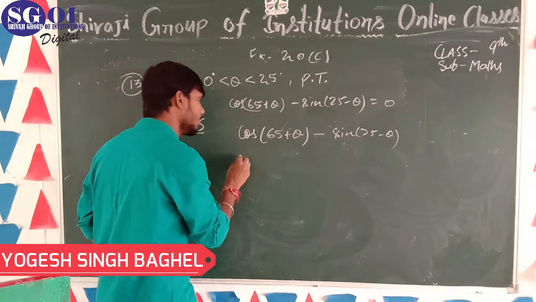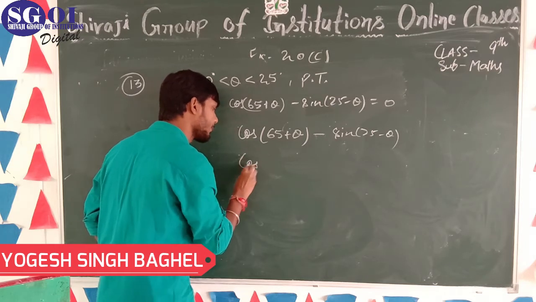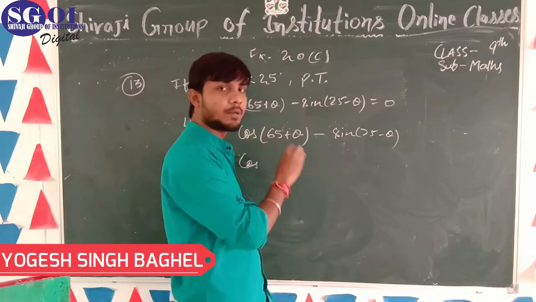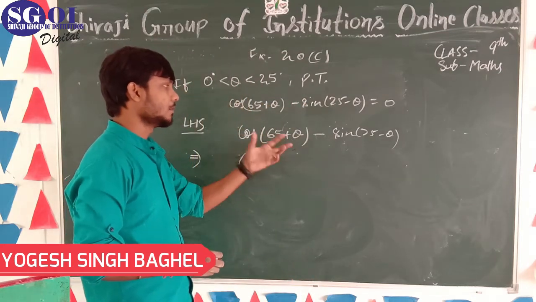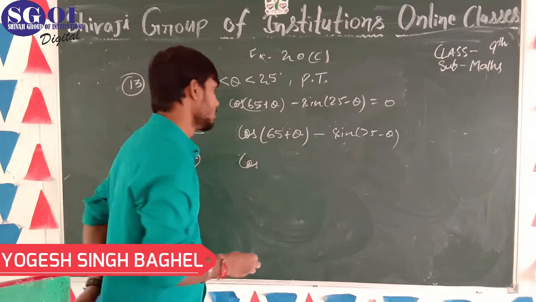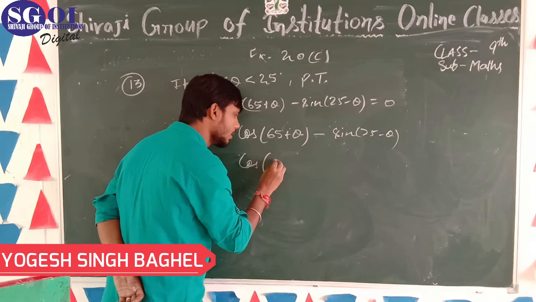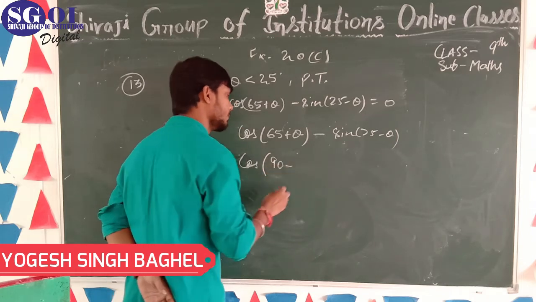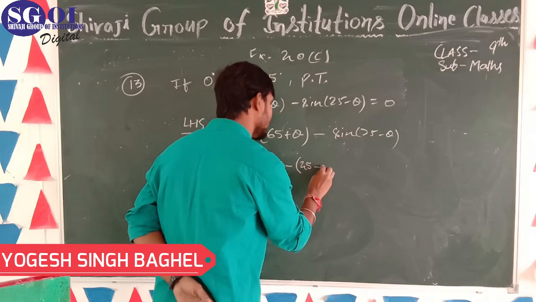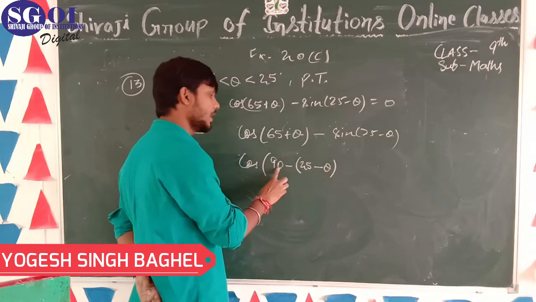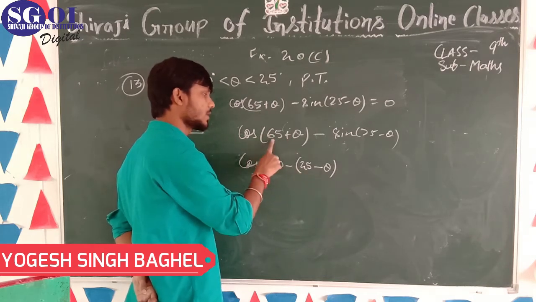It means, by using complementary angles, we can change the angle to between 0 and 25 degree. So cos 65 plus theta, we can write as 90 minus 25 minus theta, because 90 minus 25 is 65 and minus minus gives plus theta, 65 plus theta.